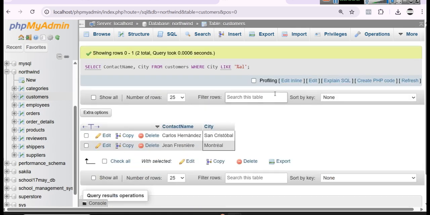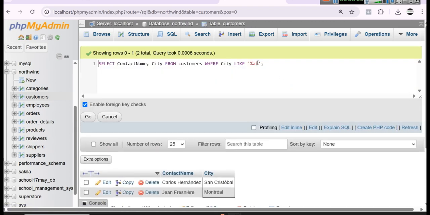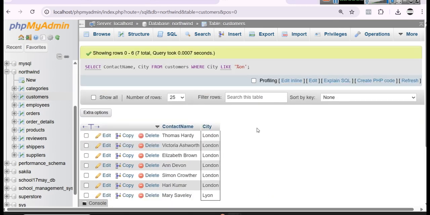So now if I write ON, will we get any city with ON? Is it a possibility? You just read London, Lyon, Lisbon. Here we have two, London and Lyon.